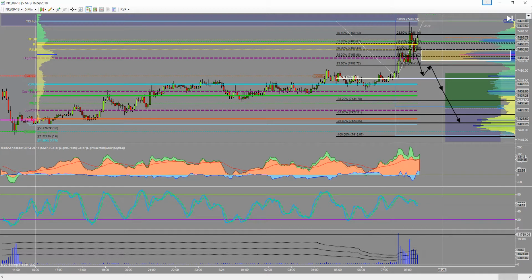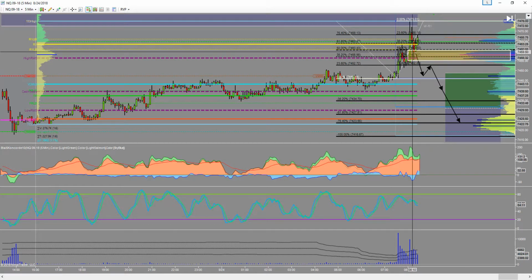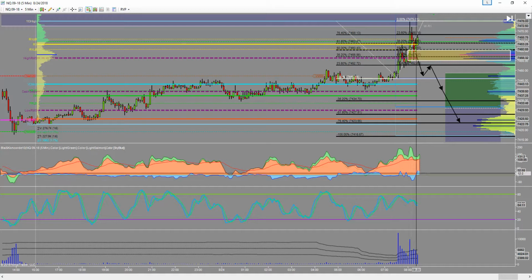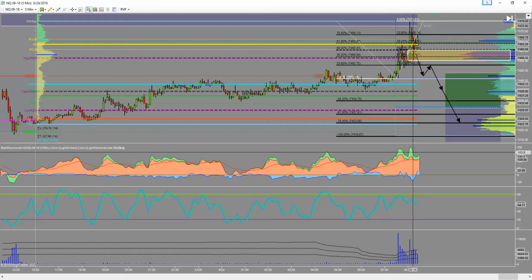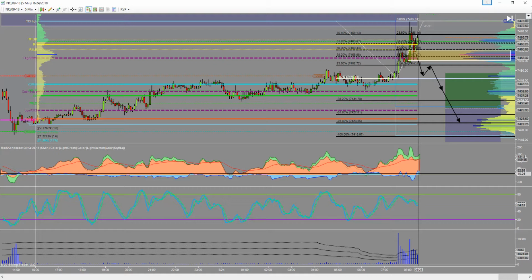So that zone proved to be strong, a lot of pressure, a lot of volume right there, and this wick here let me know that there was some buying pressure in that zone. Also, we have our Concord indicator going to the positive zone, so that means that smart money is coming into the buy. And so we have the retail traders and also the smart money positioning themselves to go higher.